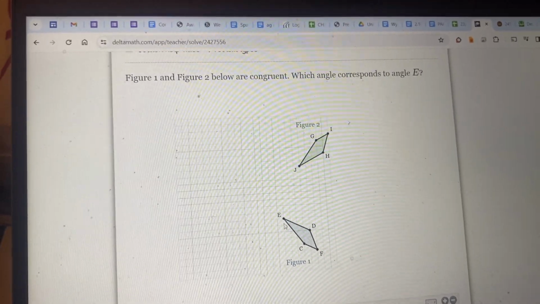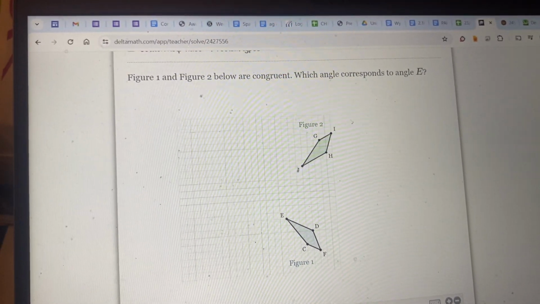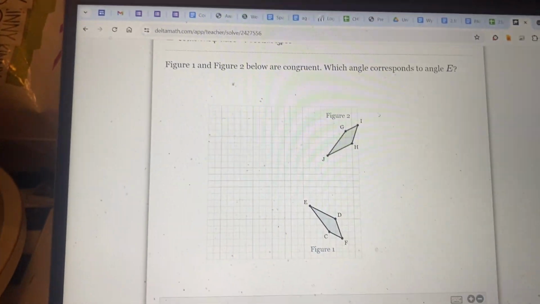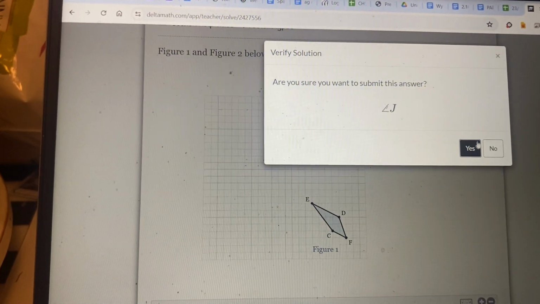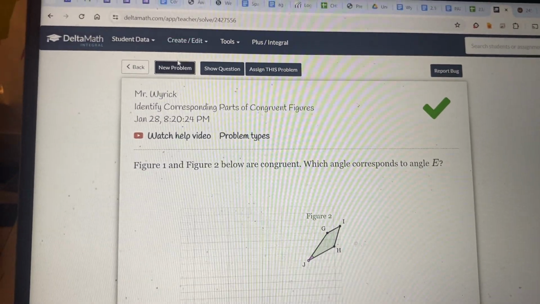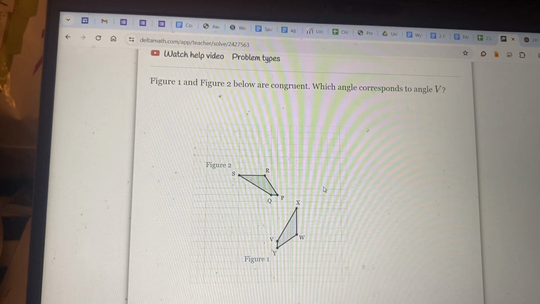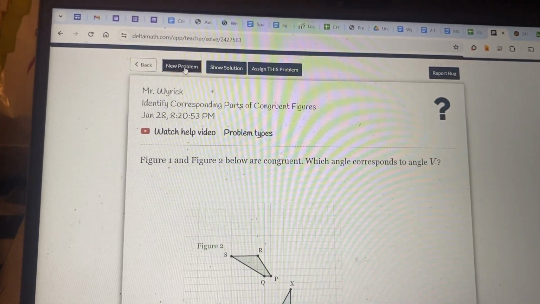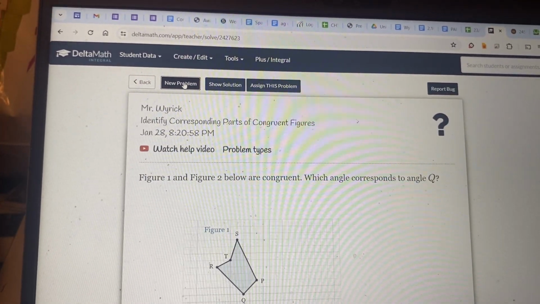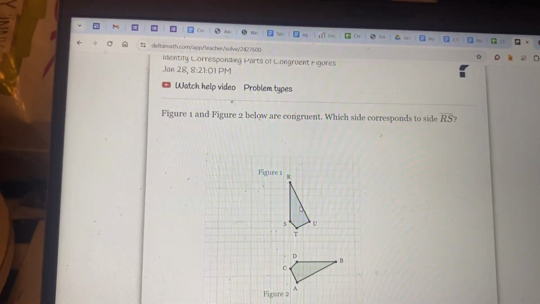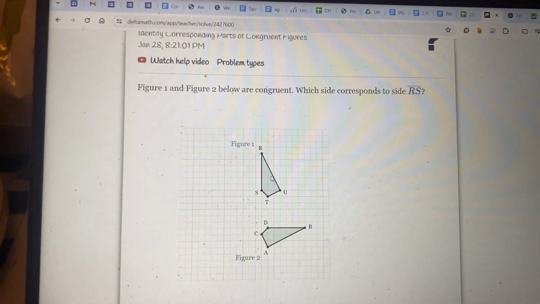So if we're talking about angle E up here, this little pinched one, it should be angle J that matches up to that. Got it. And then it shows that movement. And then the angle, let me see if I can get one to come up with a side. Yeah, which side here corresponds to RS? We can kind of see this transformation.